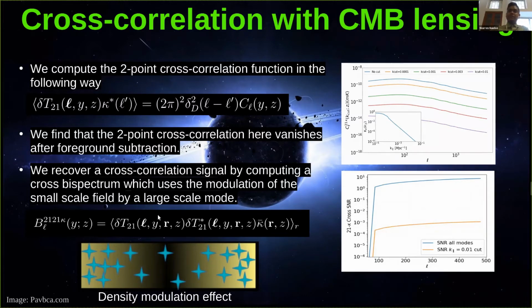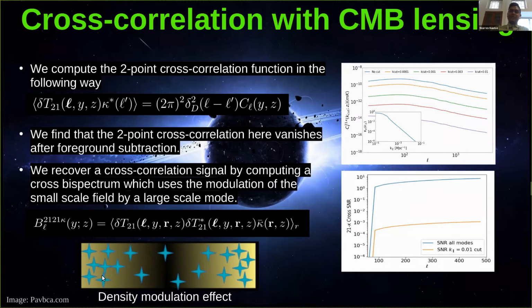What we do here is we take two 21 centimeter modes and we correlate them with a background convergence field, right? So what we're doing here is taking advantage of this density modulation effect. You can think of this little schematic here. The bright background color and the dark background color are high density and low density background fields, which are probed by the convergence.